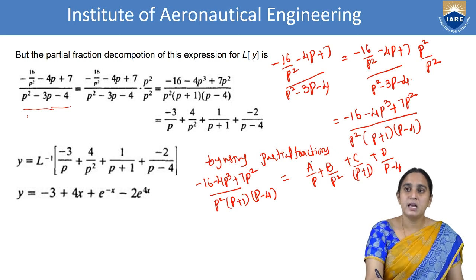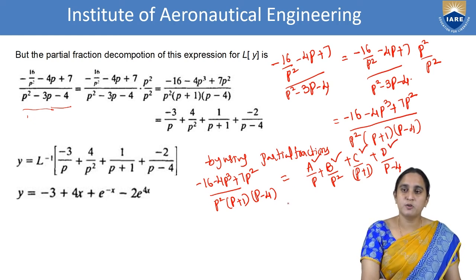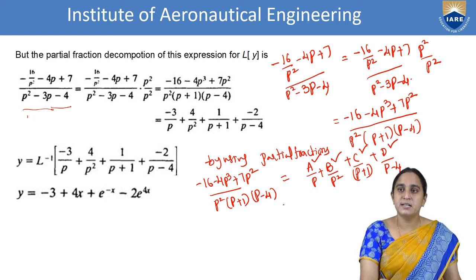Now we have to find the unknown values of A, B, C and D. Already discussed in the previous problem how to solve for A, B, C, D values. First I'm taking the LCM on this.